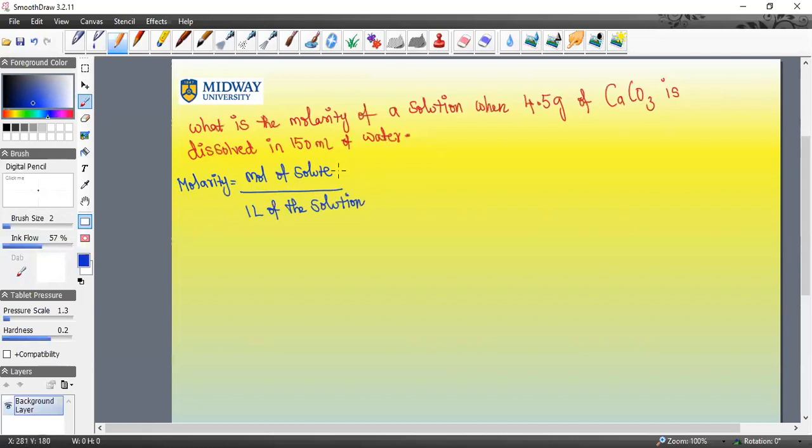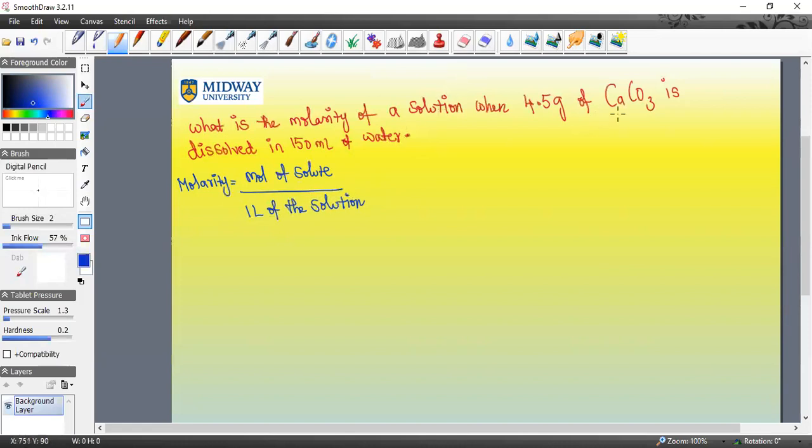So we need to calculate the moles of solute, and then convert whatever volume of solvent we have into a liter of the solution. Again, we are making the assumption that the density of the solution itself doesn't change. So whatever the volume of our water, which is the solvent, will be the total volume of the solution itself.